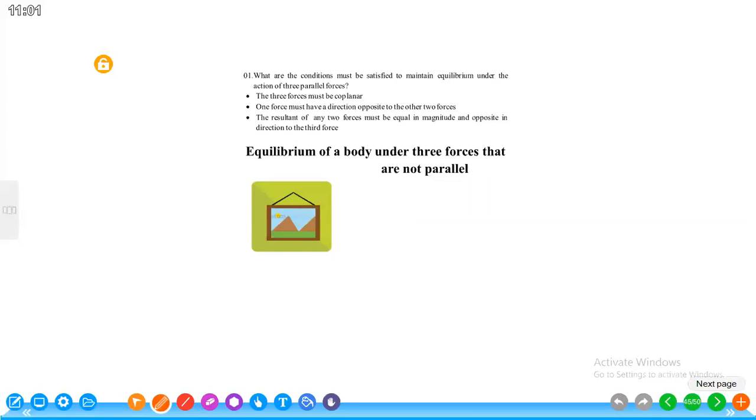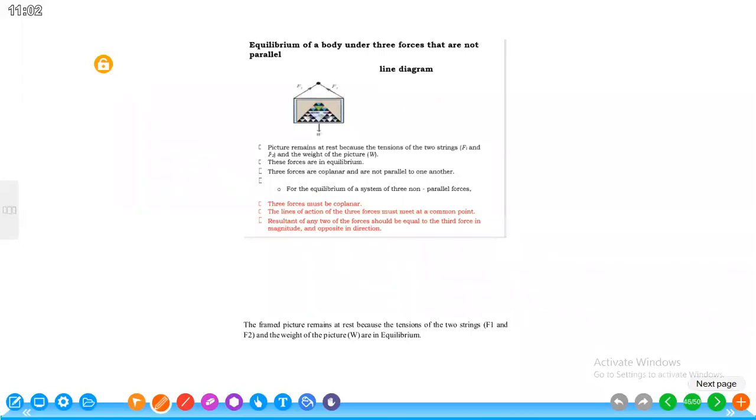I already explained. If the forces are not parallel, the figure shows the picture remains at rest because of the tension of the two strings. This is also tension, this also tension, I already explained. The force exerted on the string is called tension.